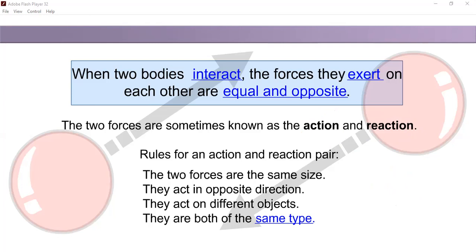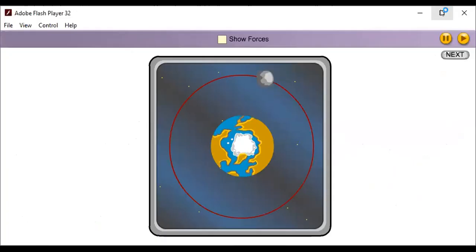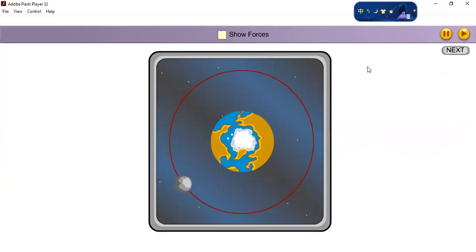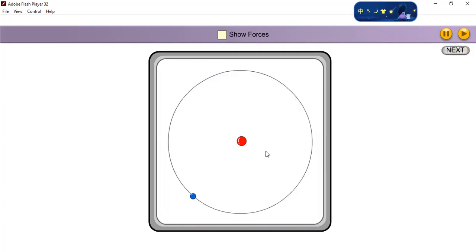Let's move to the other slide. Ladies and gentlemen, let's say the moon is going round the Earth. The concept is like this.